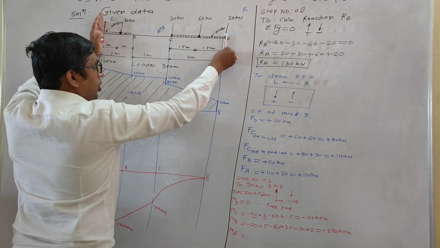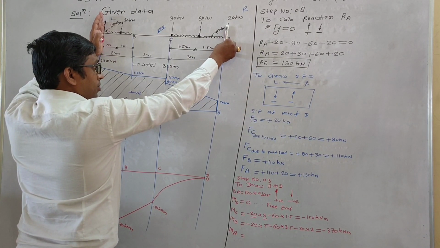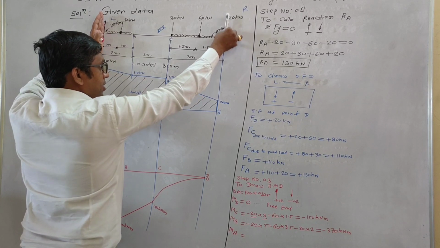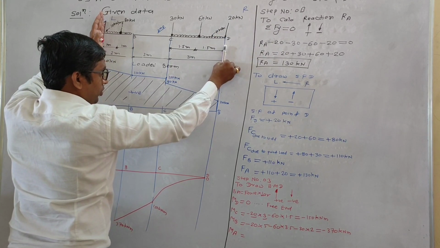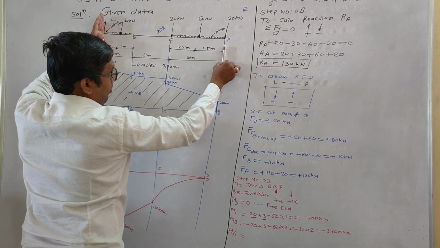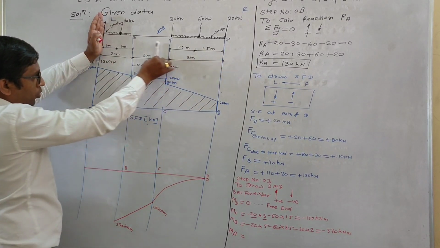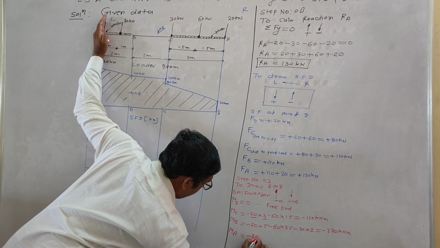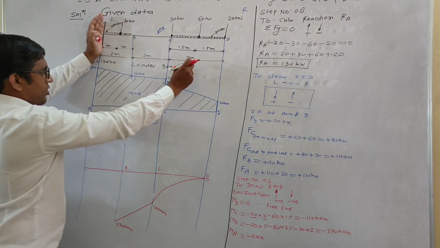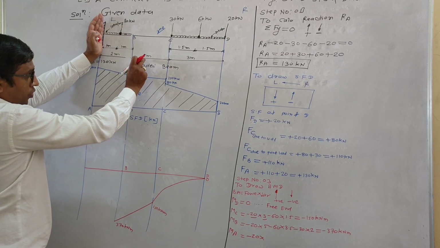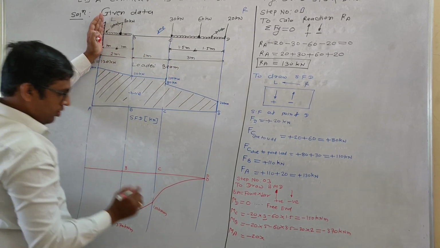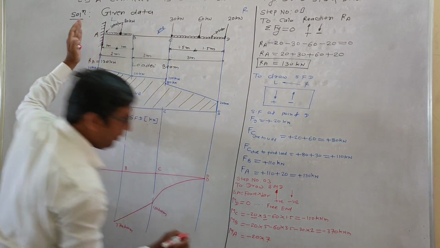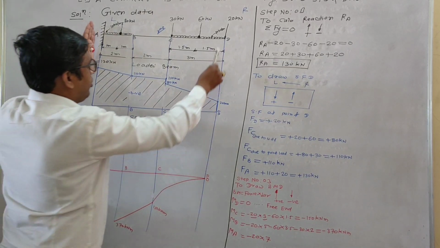Force is 20. Consider plus or minus? Minus. Why minus? Because it goes downward. This force into perpendicular distance above the point: minus 20 into distance 3 plus 2, 5, 5 plus 2, 7. Clear? Force into perpendicular distance.